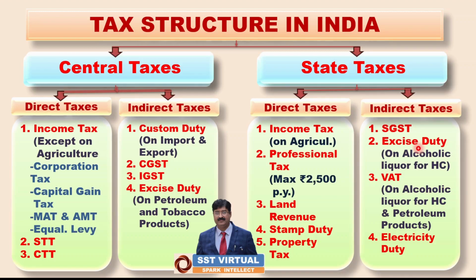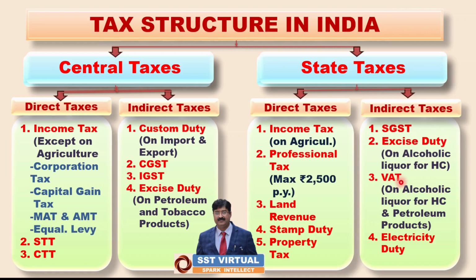We won't let this be taxed under GST, meaning wine and all the variants of wine. So this is now also with state governments, and state governments levy excise duty on alcoholic liquors.